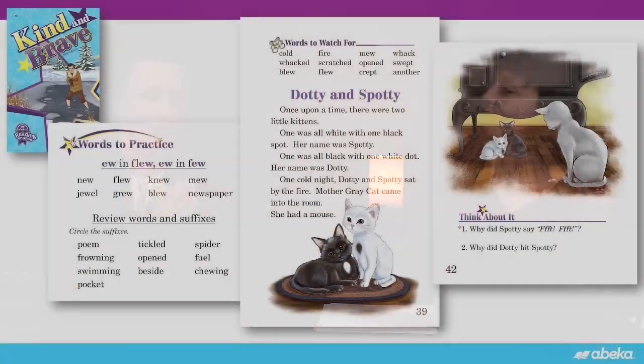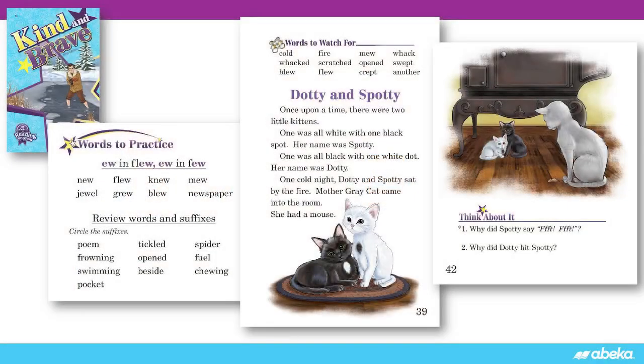So yes, as we continue to consider how we help them to improve in their fluency, again, following along in the Kind and Brave reader, we give them words to practice that we would help them to work through, to decode, to sound out before we would read a selection. This improves their comprehension. And I know that's another one of our separate elements, but again, it's very difficult to separate them. You really can't. The pieces work together in accomplishing our goals.